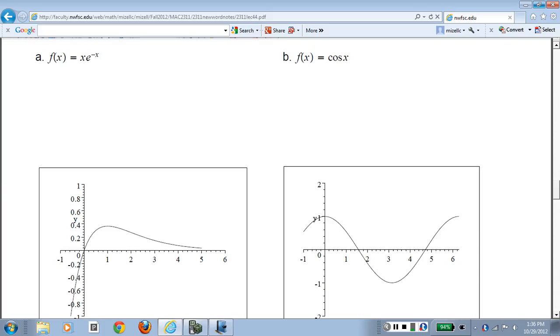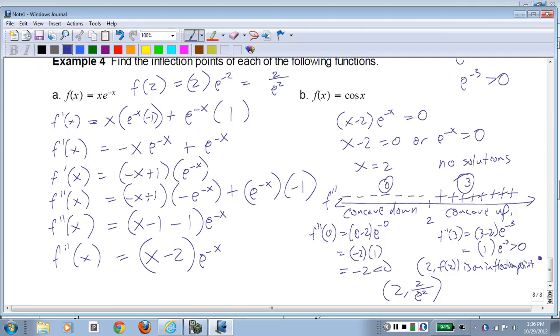So the second order critical numbers happen at the x-intercepts. Right there, I guess that would be pi over 2. And there, 3 pi over 2. I suppose I should come up with a nice expression for that.